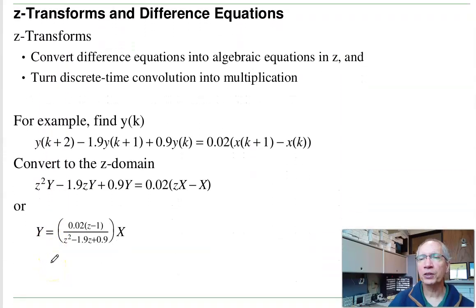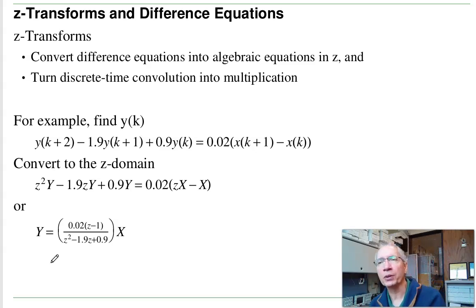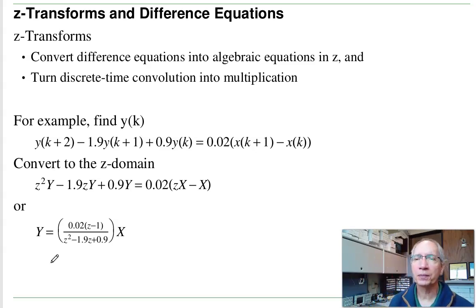What z-transforms do is similar to what Laplace transforms do, only now it's for difference equations. The z-transform converts difference equations that look like this into algebraic equations in z. For example, if I have this difference equation, zy means next value, so 2 samples in the future becomes z squared y, 1 sample in the future is zy, current y is y, next value of x is zx, current x is x.